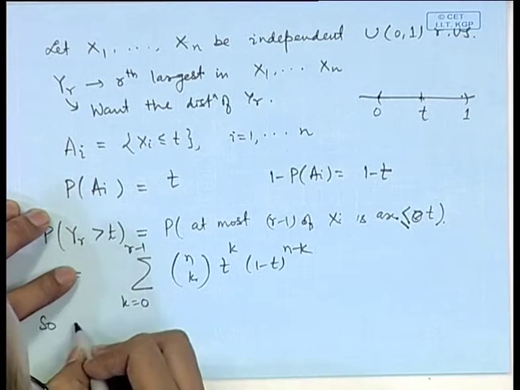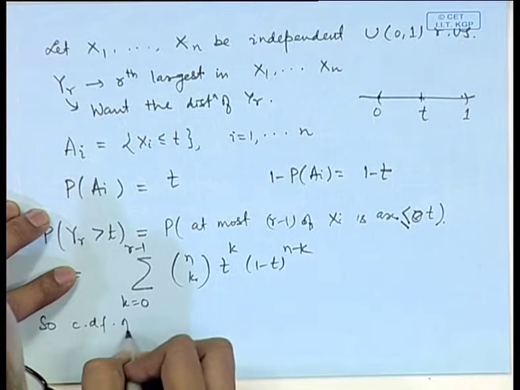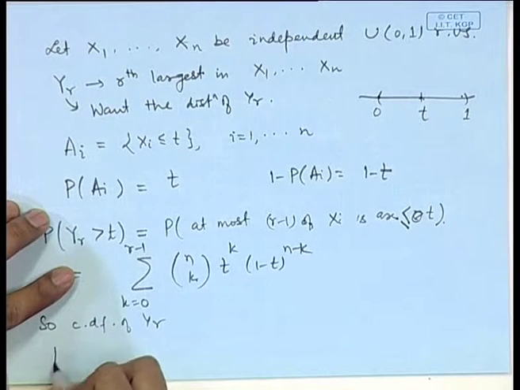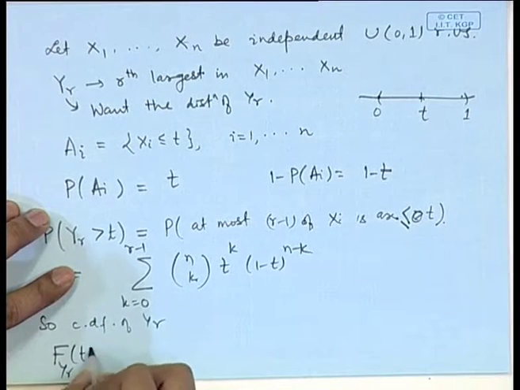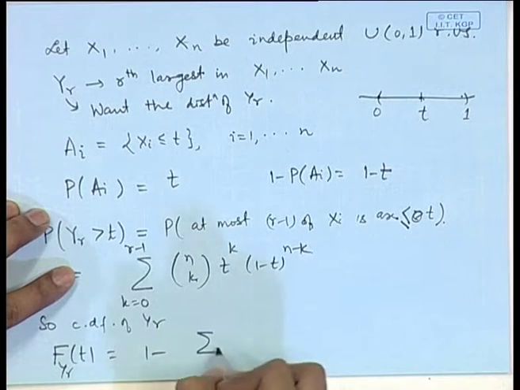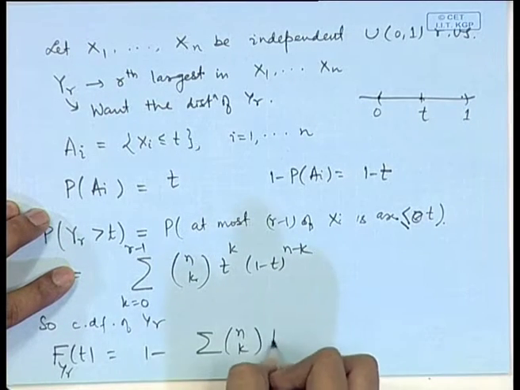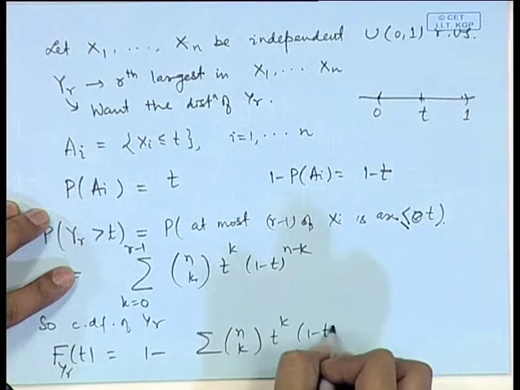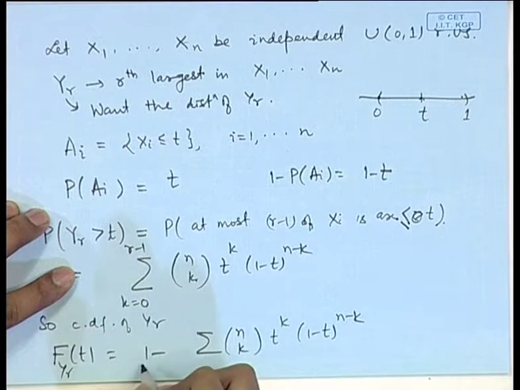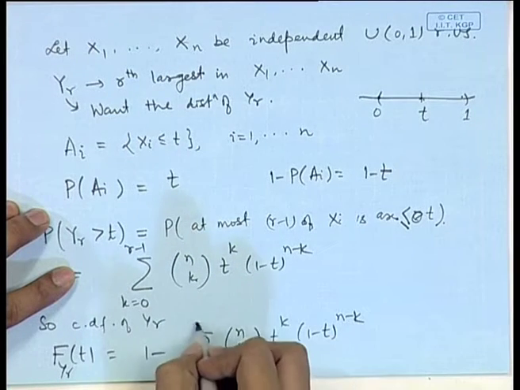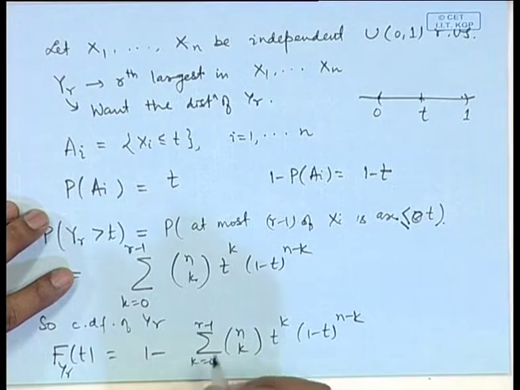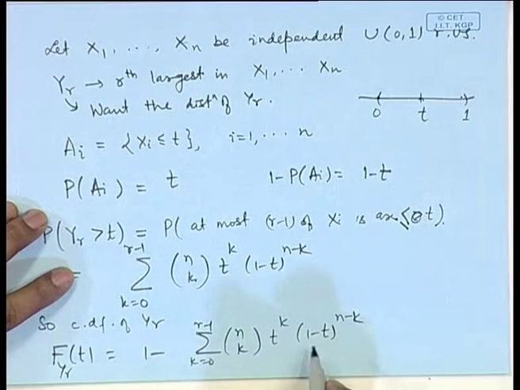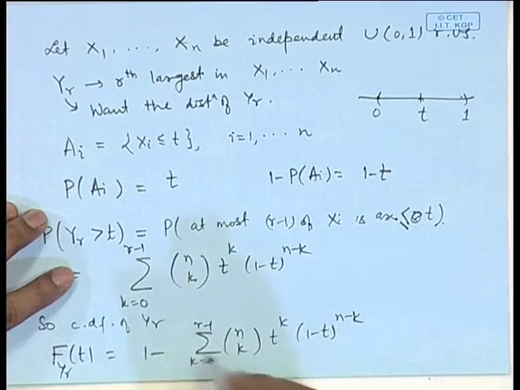So, the cumulative distribution function of Y_r is then obtained as 1 minus the sum of nCk t to the power k (1 minus t) to the power n minus k, k equal to 0 to r minus 1. So, the density function of Y_r can be obtained by differentiation of this term.